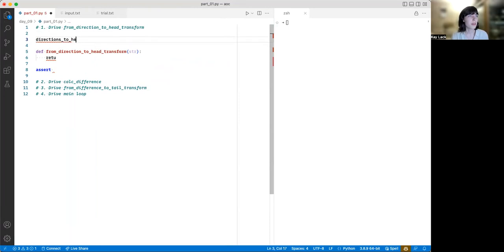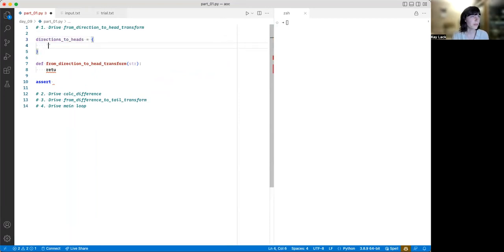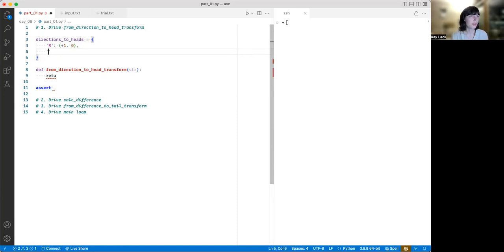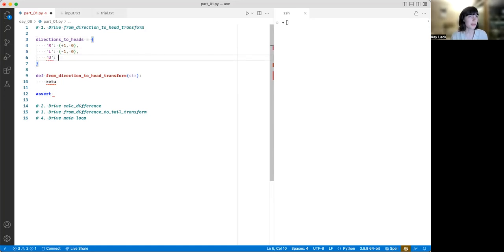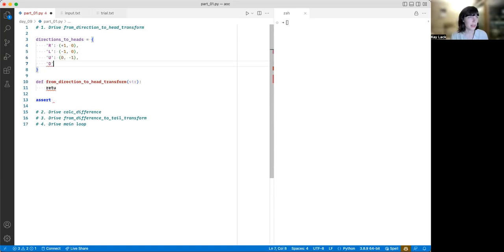I don't even know why I wrote this. Don't need that. This is going to be plus 1, 0. Left is the opposite way. Up is 0 and -1, and down is 0 plus 1.